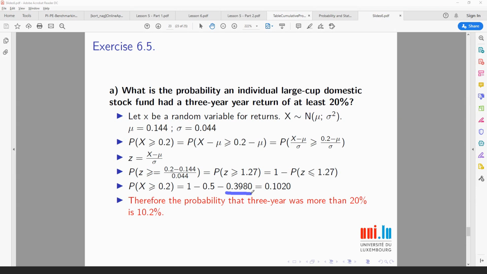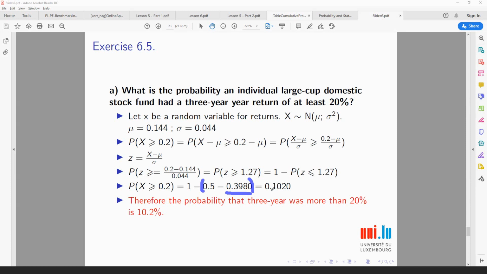So you see, this is a completely equivalent operation, and we get the same result. So in that table for two tails we found immediately 0.5 plus 39%. Yeah, and the answer is the same.